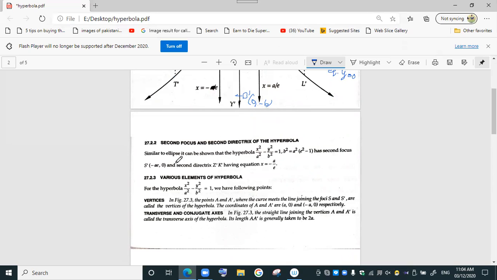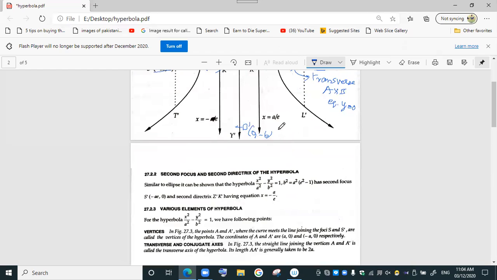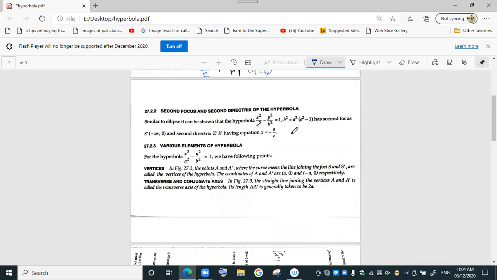So the foci are this and this. The equation is written here: this is the equation of the first directrix, and this is the equation of the other, x = -a/e, which is the same as in the ellipse. So in the hyperbola that is the same.